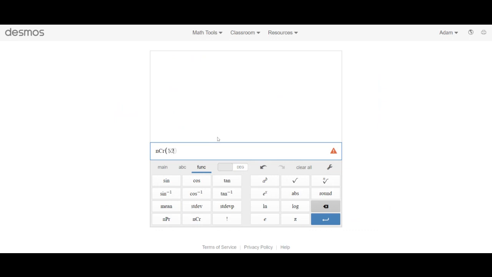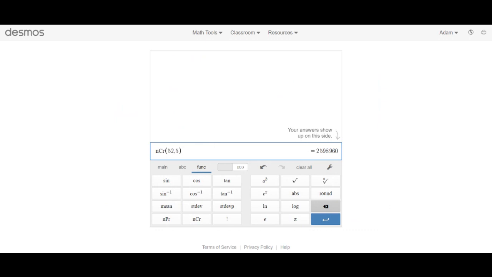So we have 52, comma 5. The n is first, and then the r is afterwards. n is how many total items you can choose from. r is how many you're actually choosing.